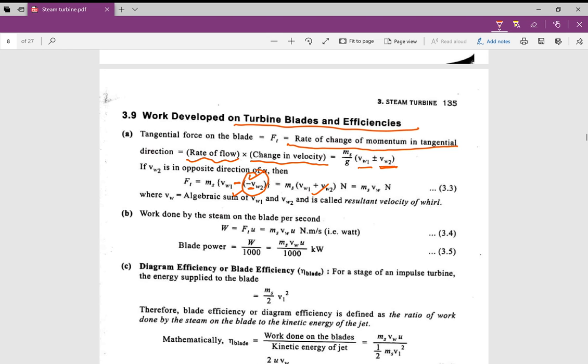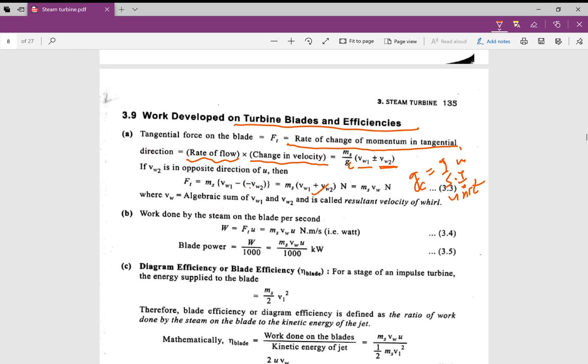right? And here it is ms upon g, it should actually be gc, and gc is 1 in SI unit, and henceforth g is not coming over here. So ms (Vw1 minus Vw2) comes out positive.